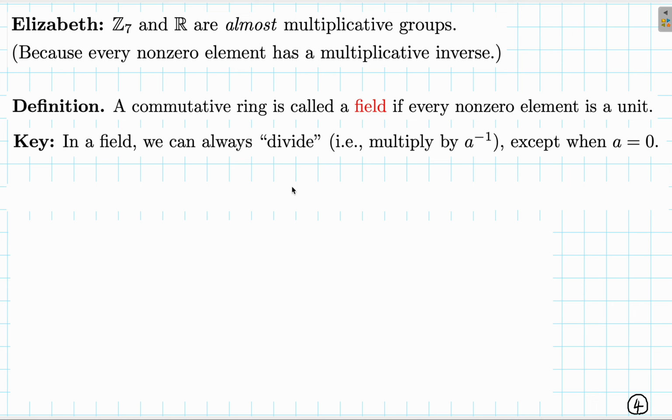A commutative ring is called a field if every non-zero element is a unit. In other words, if every non-zero element has a multiplicative inverse. And the key here is that in a field, we can always divide or multiply by the multiplicative inverse of a, except when a is 0.